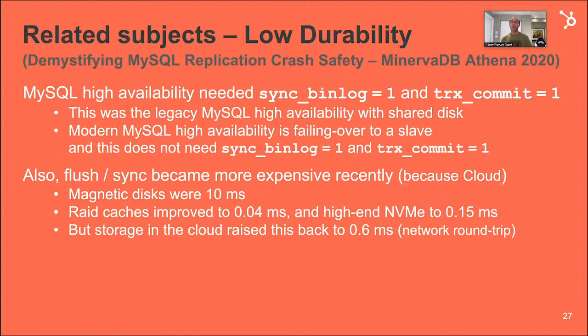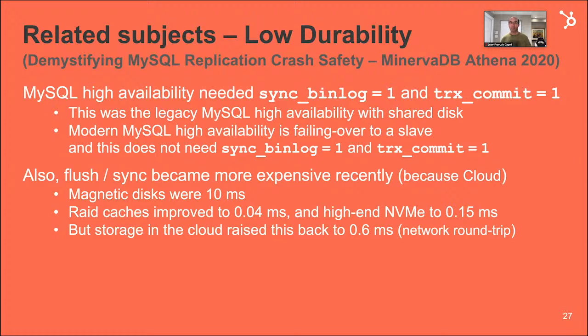Also, flushing to disk has changed. In the past, my disks were 10 milliseconds. We had RAID cache that was very fast, and good SSDs that were also fast, like 0.04 millisecond and 0.15 millisecond to put data persistently on disk. But the cloud came, and in the cloud, putting something reliably on disk is a network round trip.